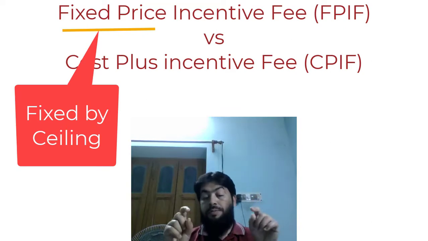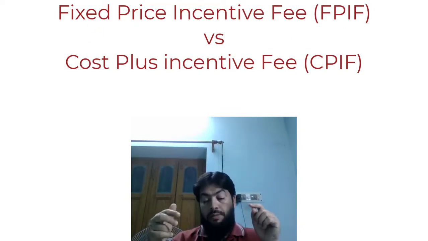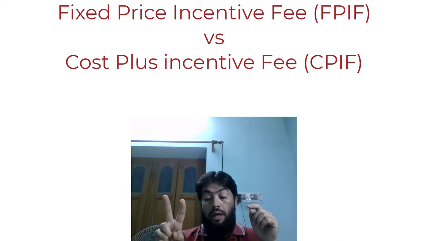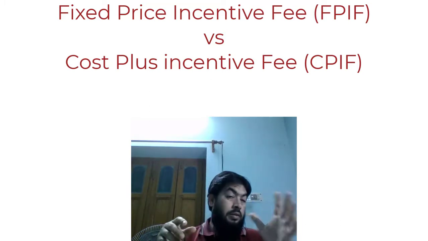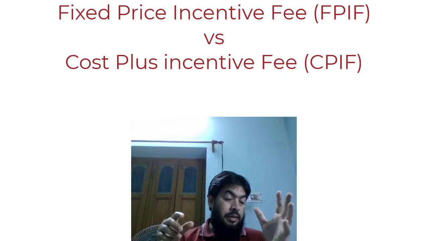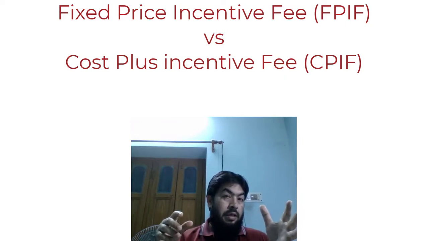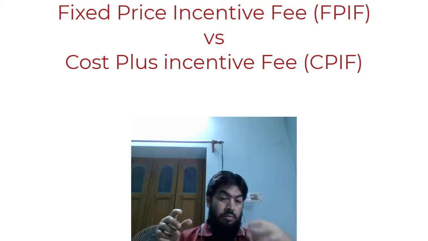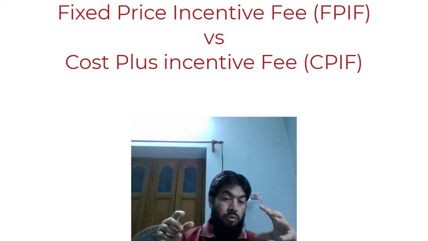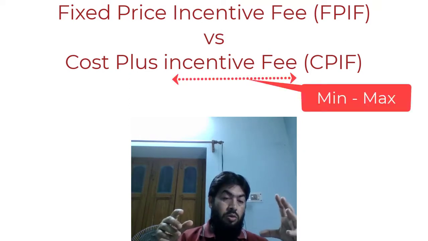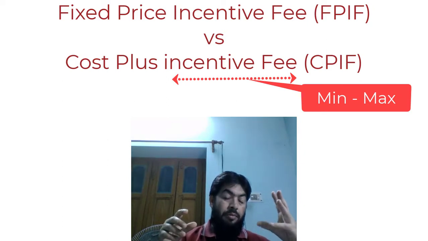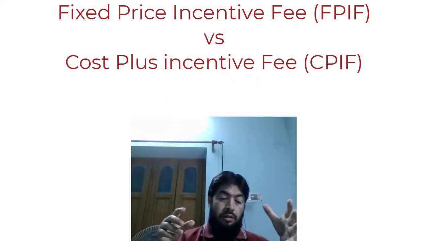The fixed price part has to be limited, because fixed means it is fixed by something. Likewise, the incentive in cost plus incentive fees has to be within a certain range. It has to have a limit, a minimum and maximum, for how much the incentive is.